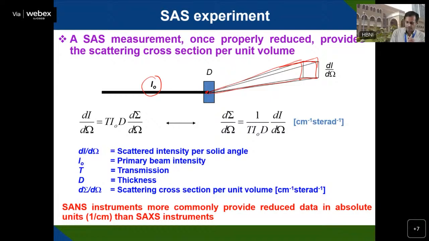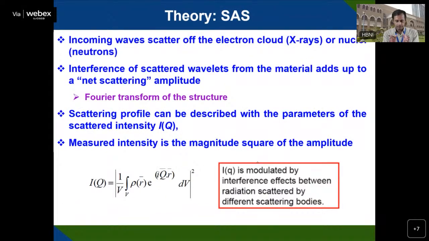The scattered intensity per solid angle, dI/dΩ, equals the transmission parameter times I0, times d, the thickness of the material, times the scattering cross section per unit volume, expressed in centimeter inverse steradian inverse. So dI/dΩ measures the scattering intensity per solid angle.